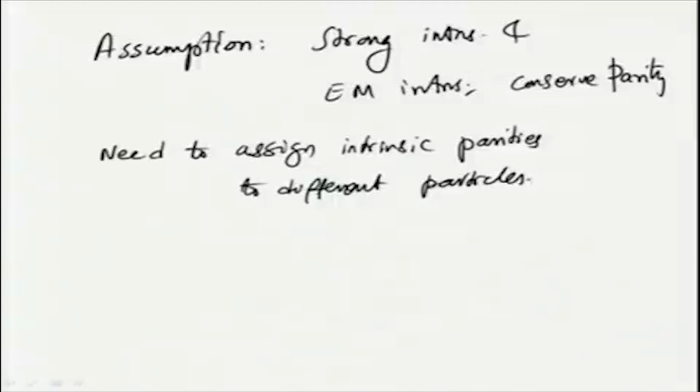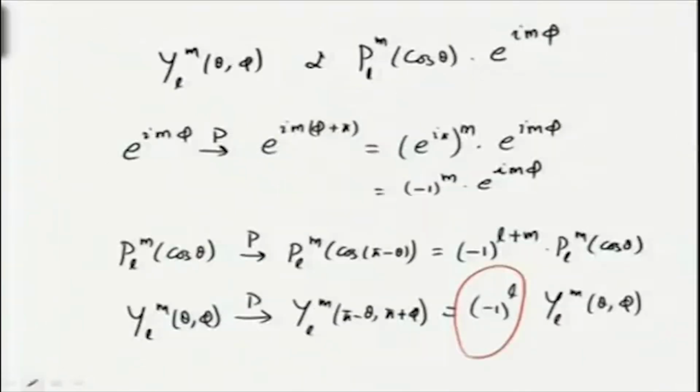When you talk about intrinsic parity, we do not have any wave function like this, and no orbital angular momentum that we can think about. A particle is a particle which can have a spin.